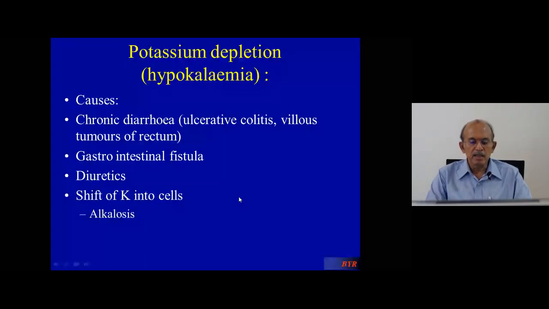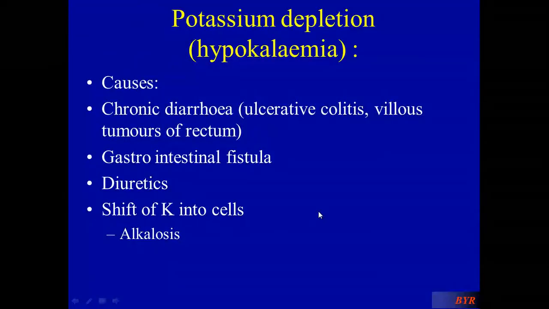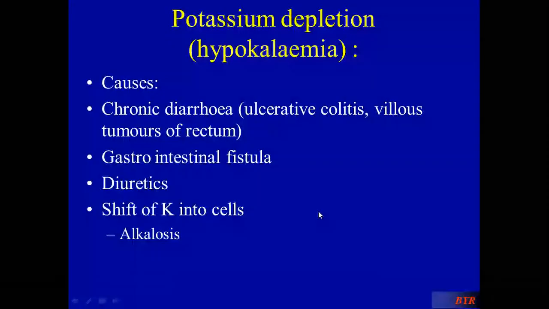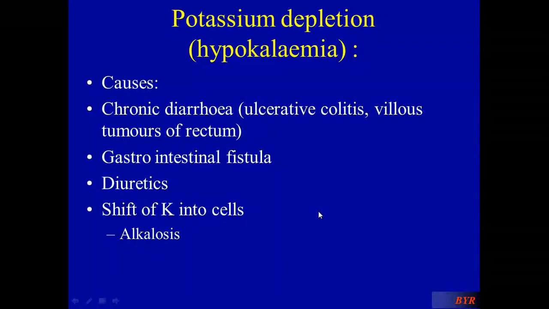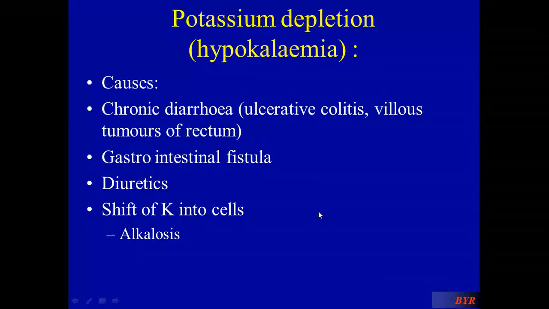So this occurs in alkalosis. Whenever there is alkalosis, that means the alkaline content of the plasma is high. To reduce that, the acids from the cells will come out. Because the acids come out, in their place, the potassium shifts into the cell because sodium cannot go.